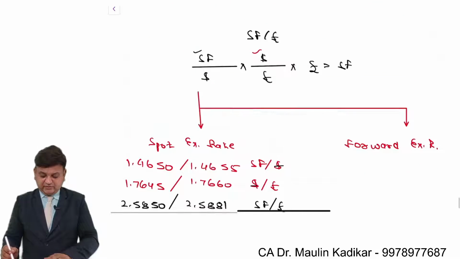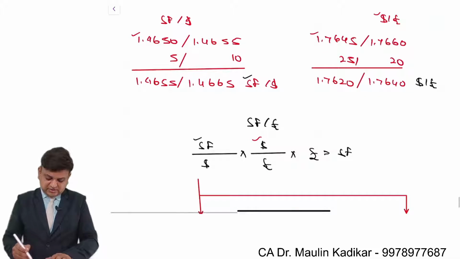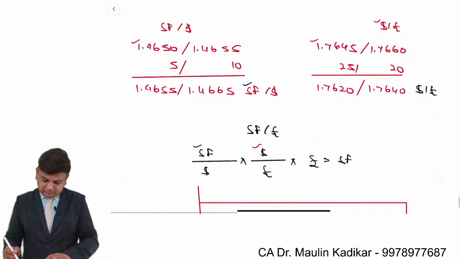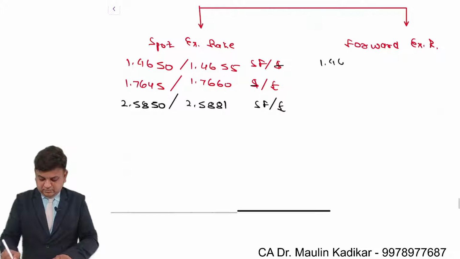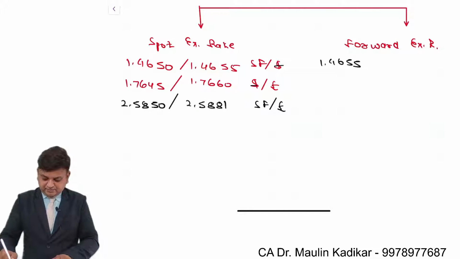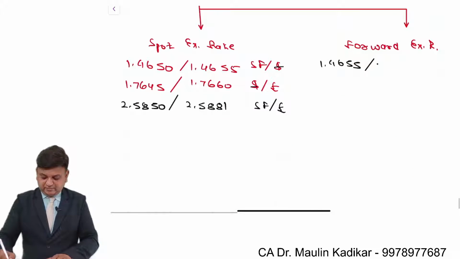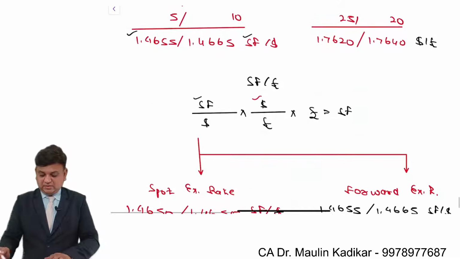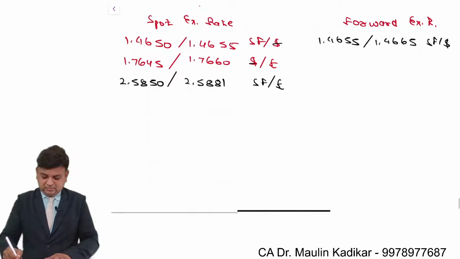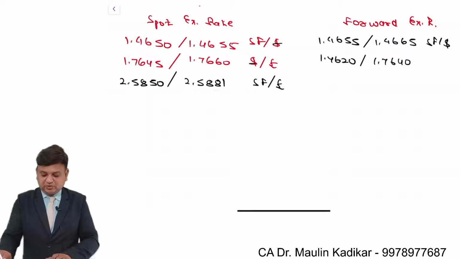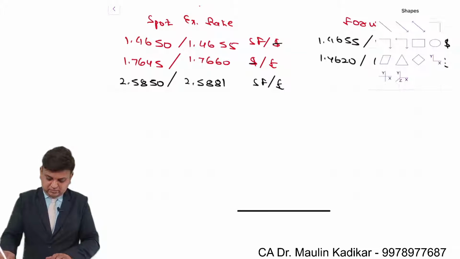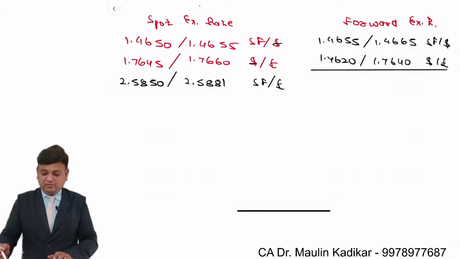On the other hand, when the forward exchange rate is here, it is 1.4655 slash 1.4665 Swiss franc per dollar, and 1.7620 slash 1.7640. So again we are required to multiply both of them.